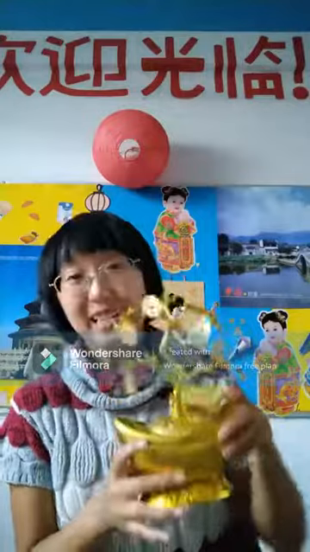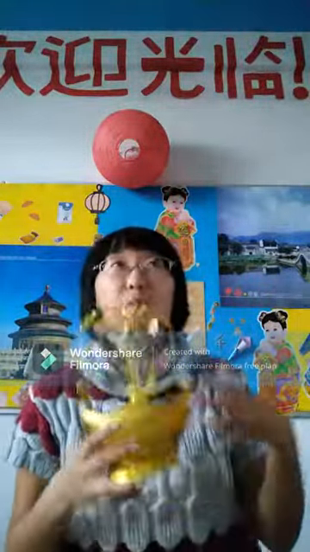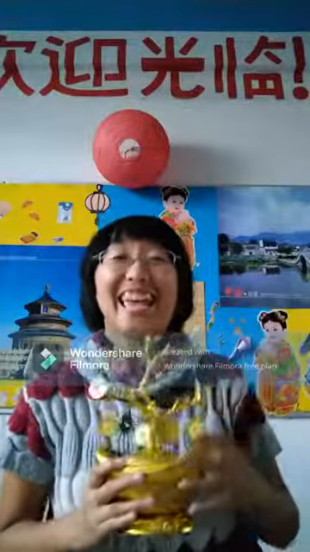The last one is this Chinese fortune tree. The children truly love it. So every time, let's say when it's Chinese New Year, or when I'm talking about something about Chinese New Year, I put this on the desk, and all the children come to my desk and touch this decoration and ask me, oh my God, what's this?